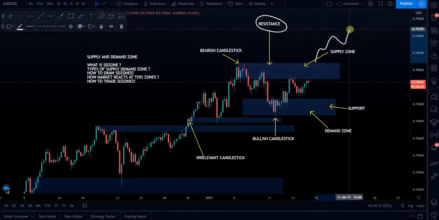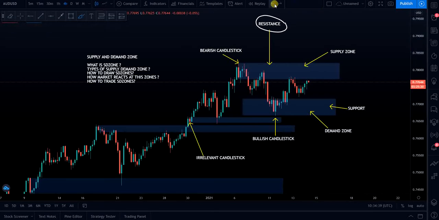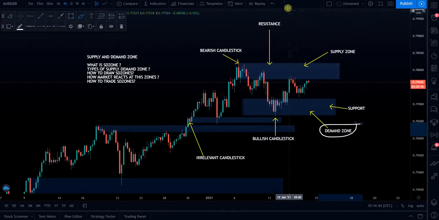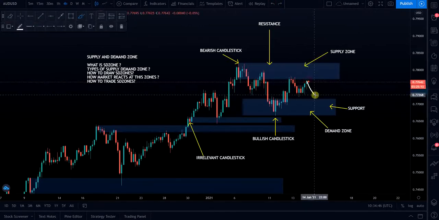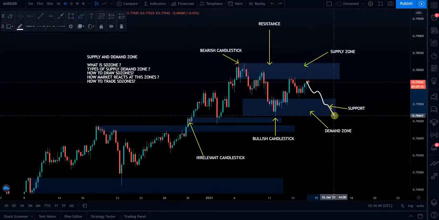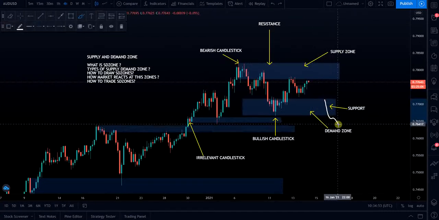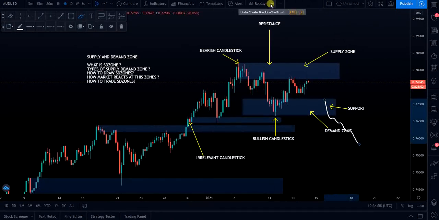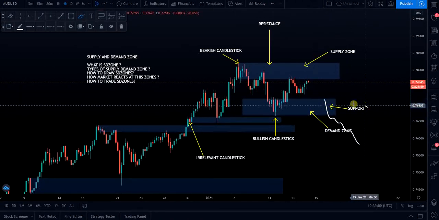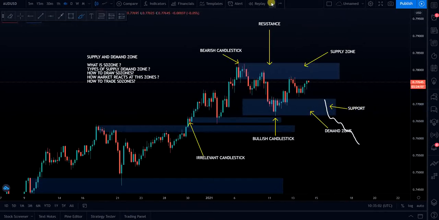The market will be on the upside, in a bullish trend. Vice versa for this demand zone: if the market is going down and breaks this supply demand zone, that means support got broken and the market will continue to go in a bearish direction. So this support will act as a resistance to the market. So with the help of this supply demand zone, how can we trade?